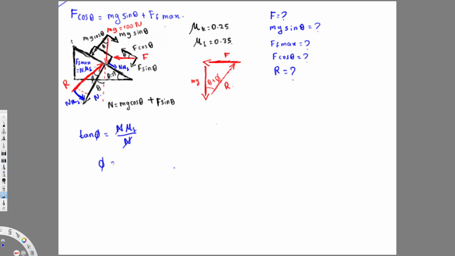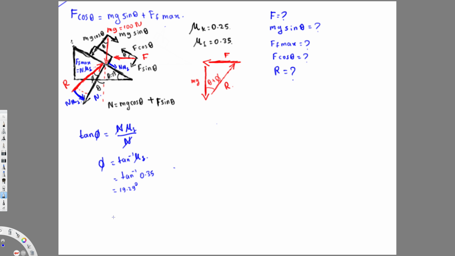Phi is going to be equal to tan inverse mu s. We know mu s is 0.35. So if we calculate, we will get 19.29 degrees. So this is the angle that it's making with the reaction force.